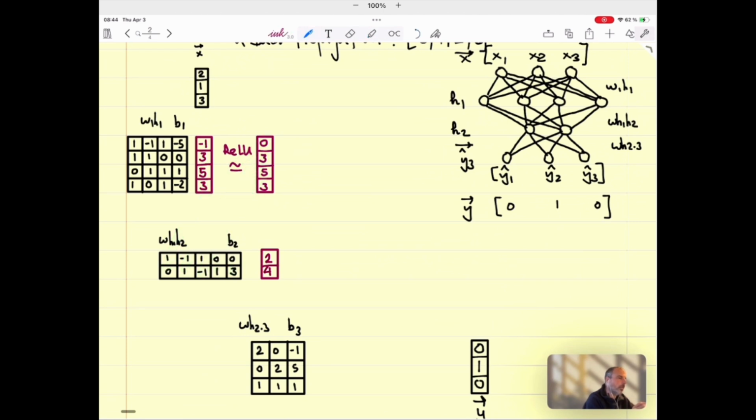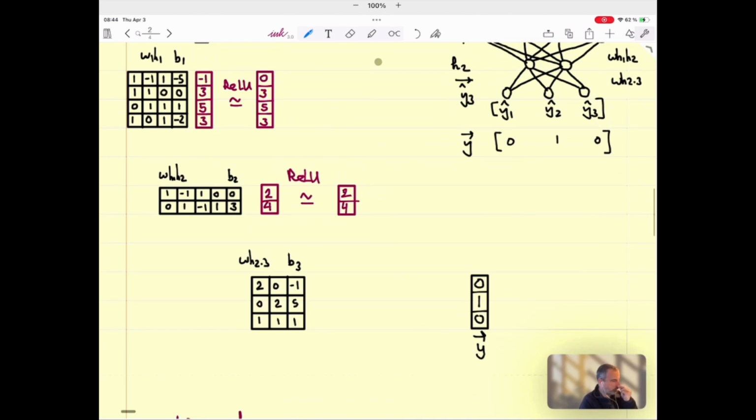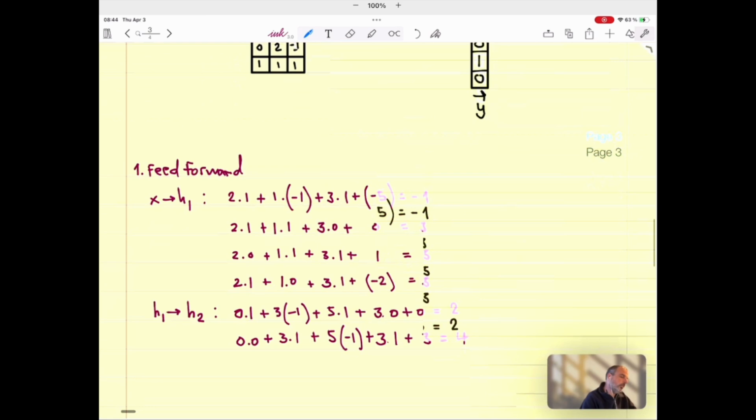Okay, so we apply ReLU. And what we get is the same because both are positive, so nothing changes. We are repeating. The feed forward is always the same thing.